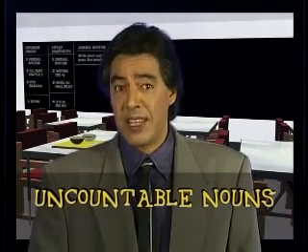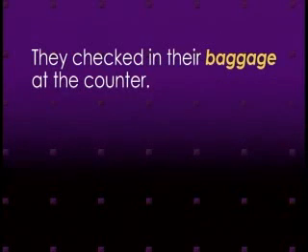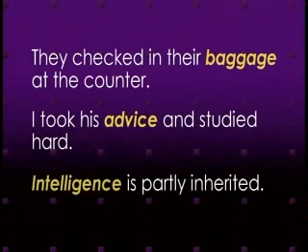Some things cannot be separated into individual items. We use uncountable nouns to name these things. Here are some examples. They checked in their baggage at the counter. I took his advice and studied hard. Intelligence is partly inherited.